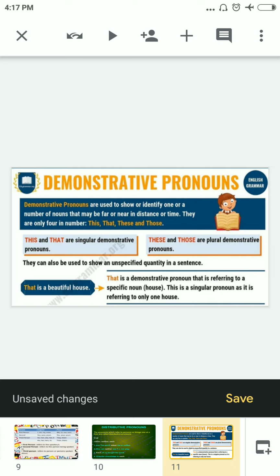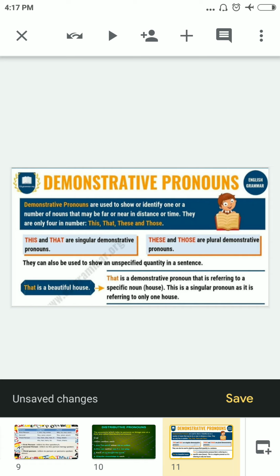They always are used to show and identify the number of the noun, and the distance. If the thing is singular and it is nearer to us, then we use this.